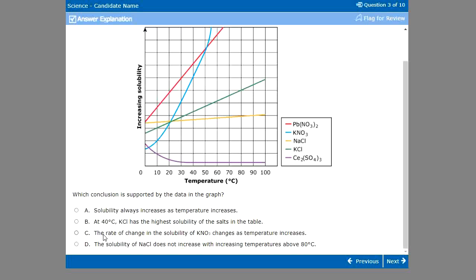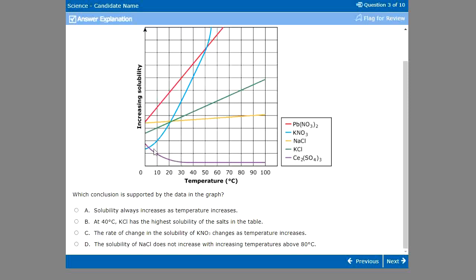The rate, so that means how fast does the solubility change? So the rate of change in solubility, how quickly does the solubility change when we increase the temperature? The rate changes for potassium nitrate.